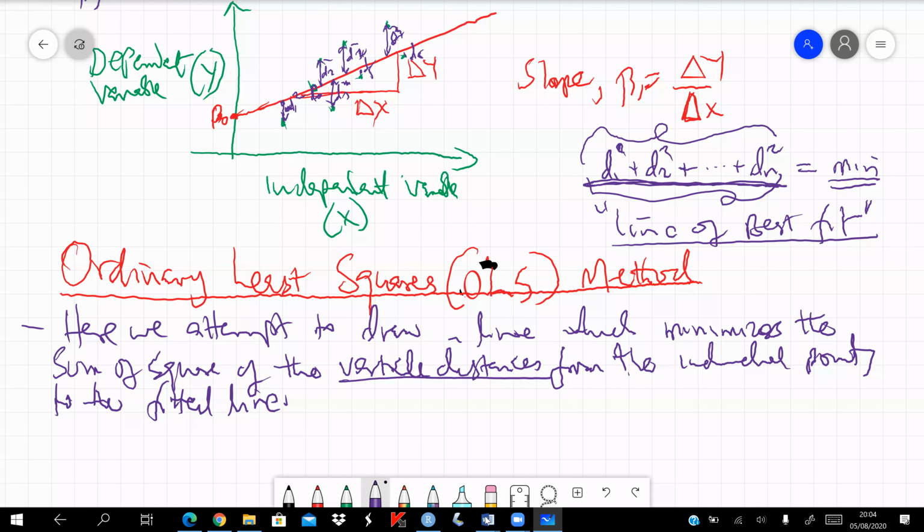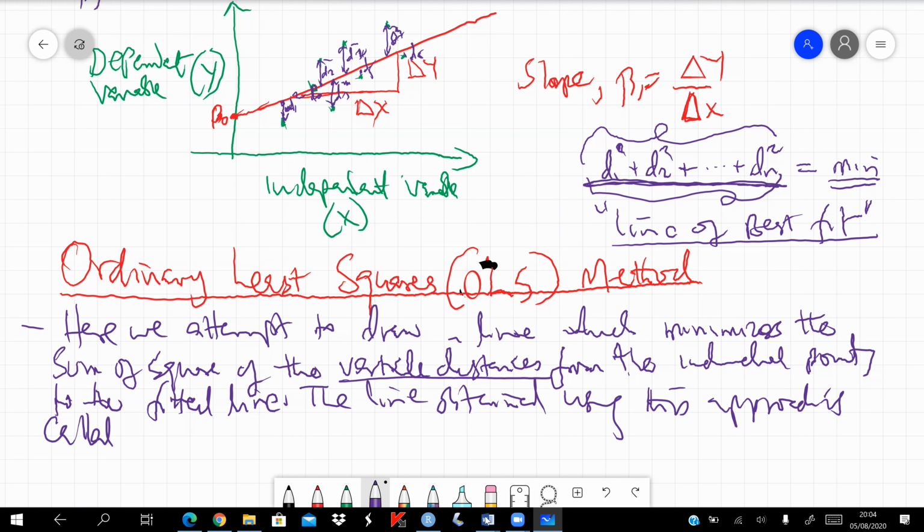So such a line, the line obtained using this approach, is called the line of best fit. And this is the regression equation that we are looking for.